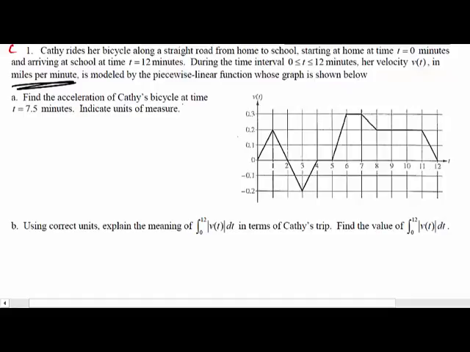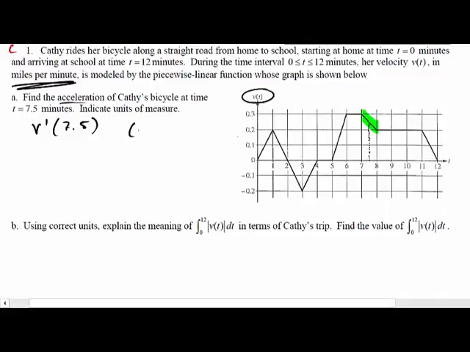Find the acceleration of Kathy's bicycle at time t equals 7.5, indicate units of measure. Since this is v of t, finding the acceleration will be finding the slope, so v prime of 7.5. Since I'm fortunate enough that this is linear, 7.5 is right here. So if I want to find the slope of this segment, all I need is 2 endpoints.